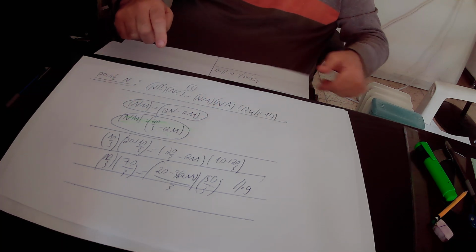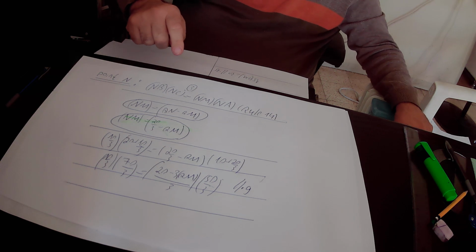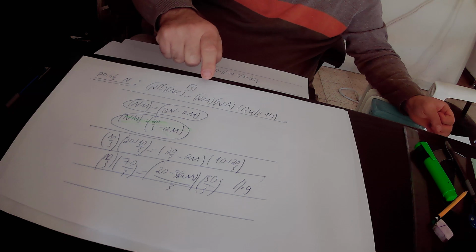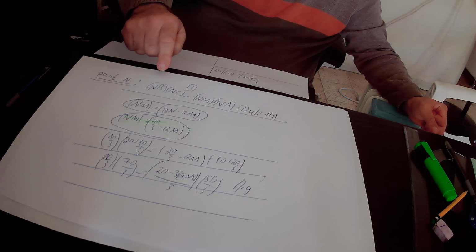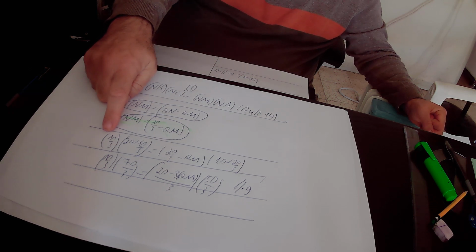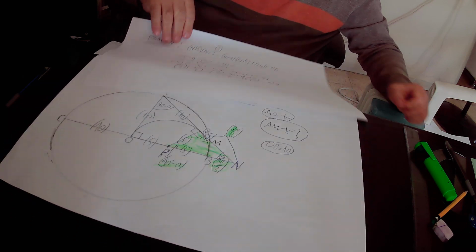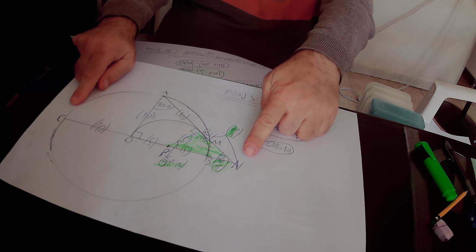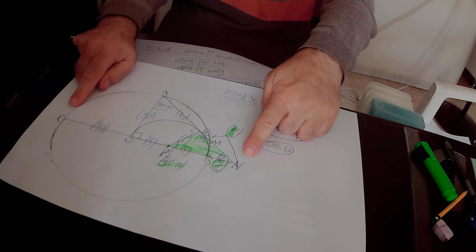Then we return to rule number 14. According to rule number 14, NB times NC equals NM times NA. NB is 10 over 3 times NC. What is the length of NC or CN? They are the same.